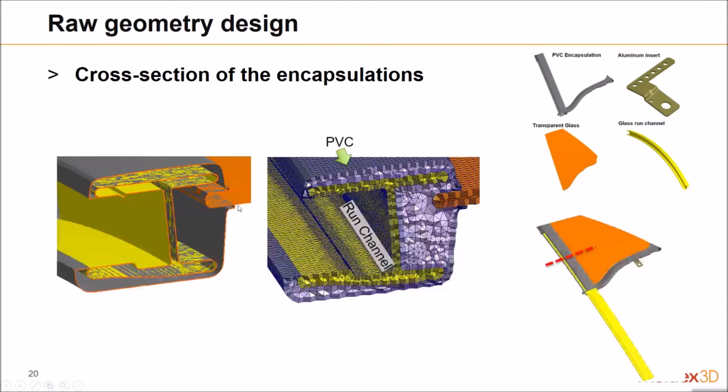This is the cross section of the part, and you can see the PVC encapsulation is on the upper side of the product. This is the run channel. The glass run channel is this one, the yellow one, and the transparent glass is the orange one.